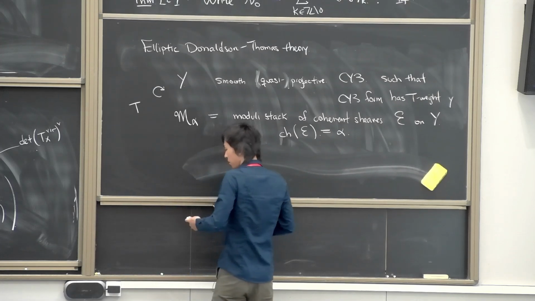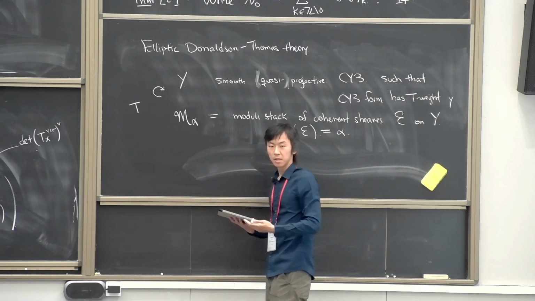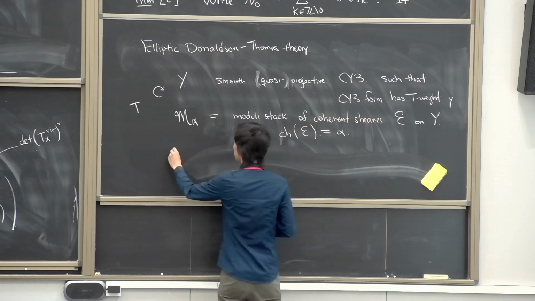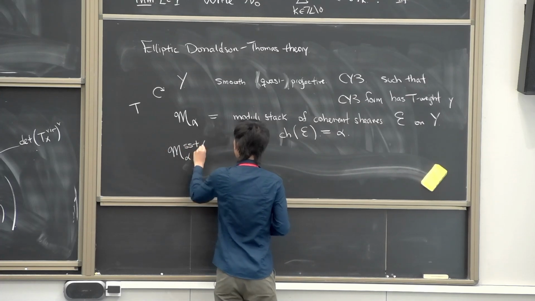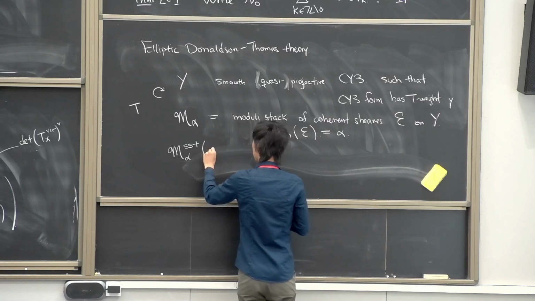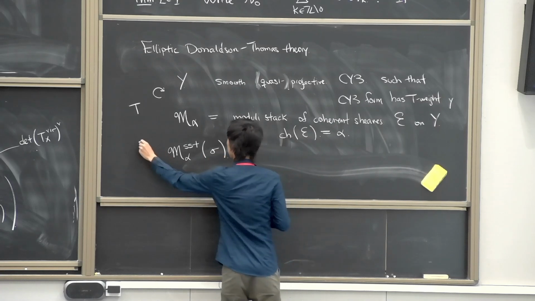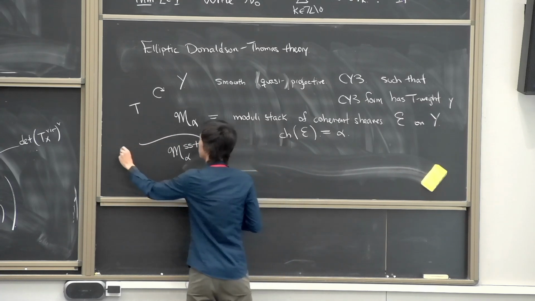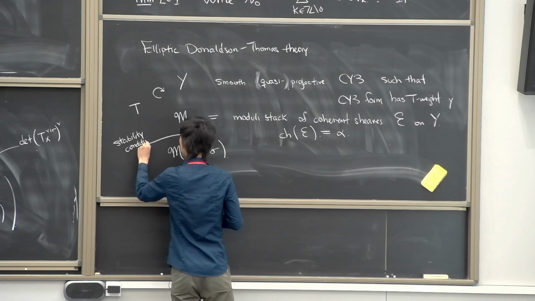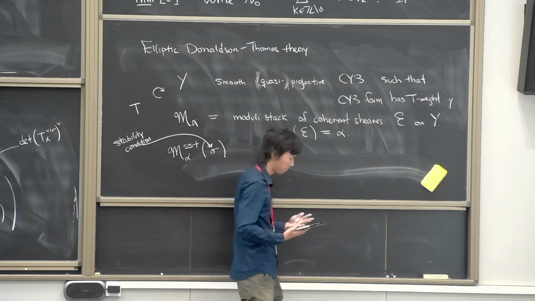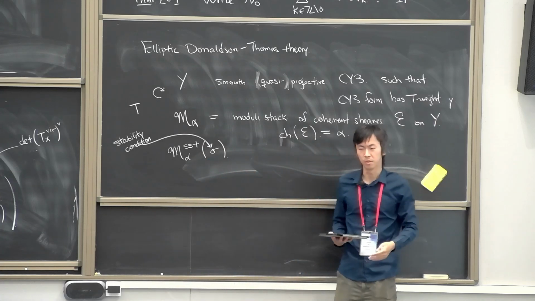And then for whatever notion of stability condition you have, you can think about the semi-stable locus, SST, with respect to some stability condition, which I'll call sigma. Okay, so sigma here is some stability condition. You're somehow free to pick whatever your favorite notion of stability condition is.